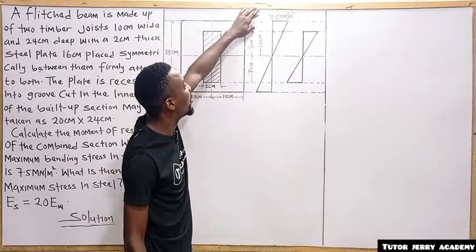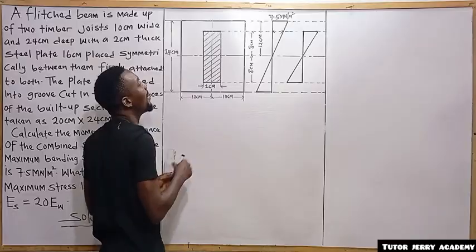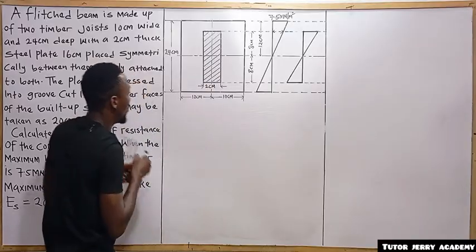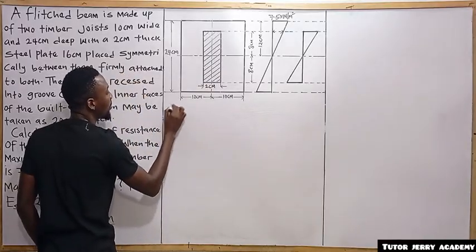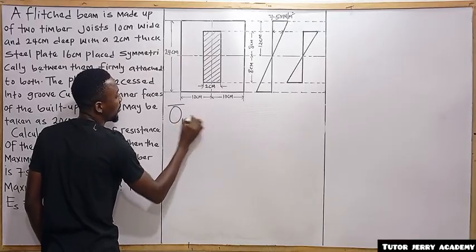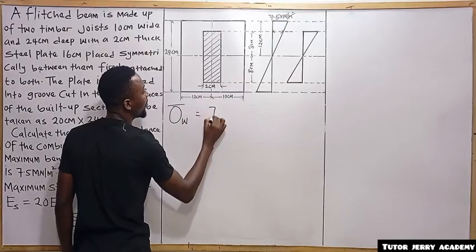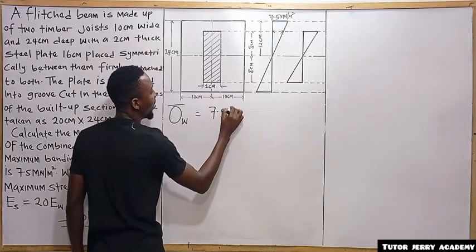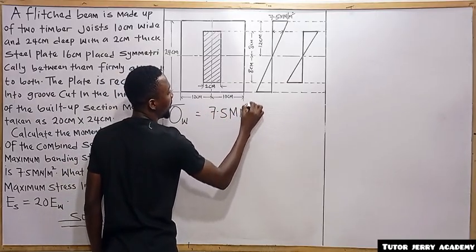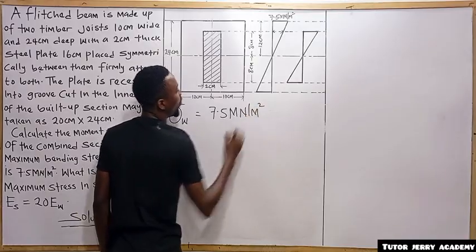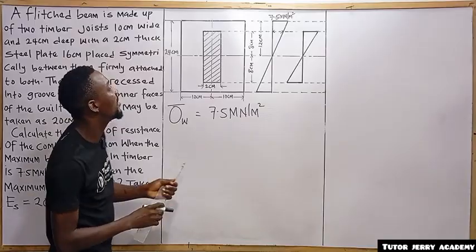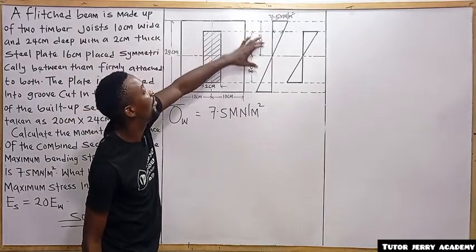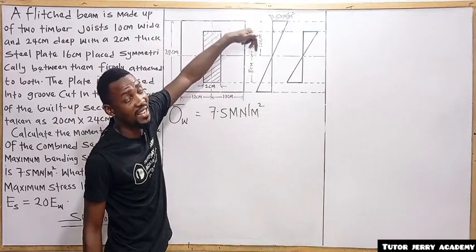So the maximum stress for our wood is going to be 7.5 meganewton per meter square, and this is at 12 centimeter from the neutral axis. Exactly.